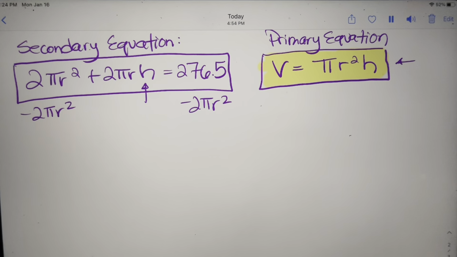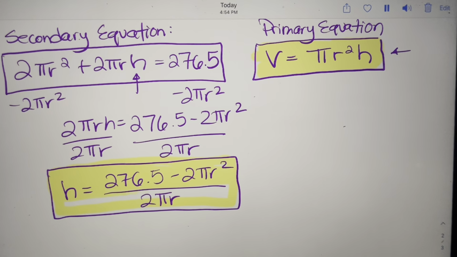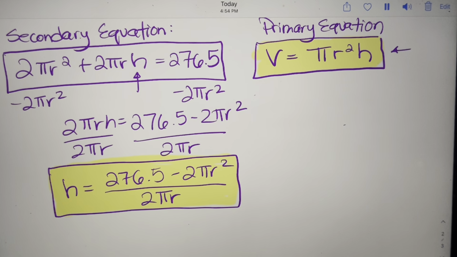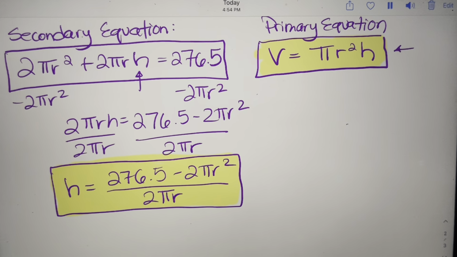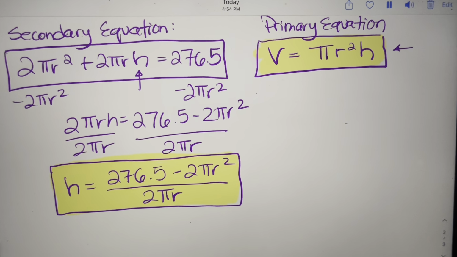Now, this is what h is equal to from my secondary or constraint equation.